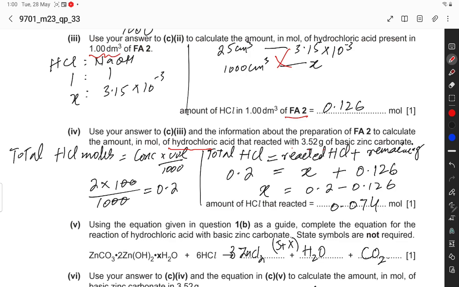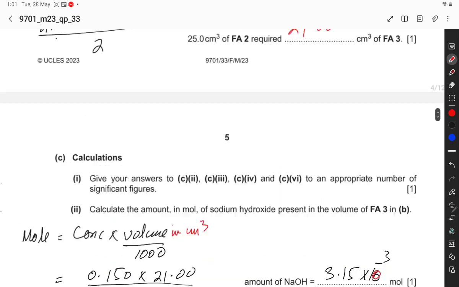First calculate the total moles of HCl, which is again equal to concentration times volume over 1000. The concentration of HCl is 2 mole per dm cube and the volume used is 100 centimeter cube.